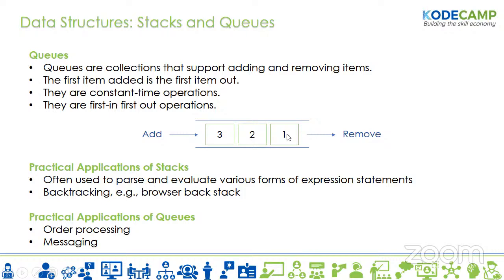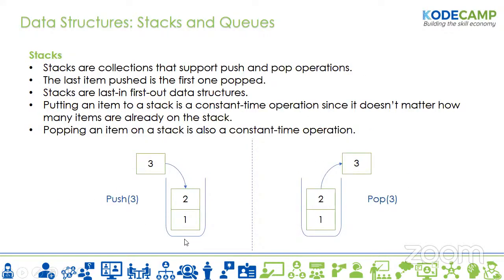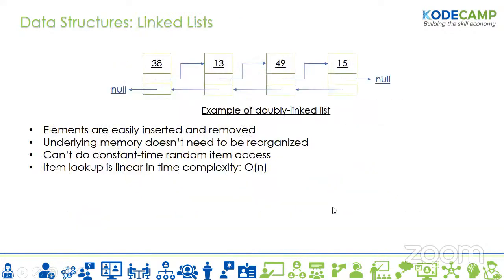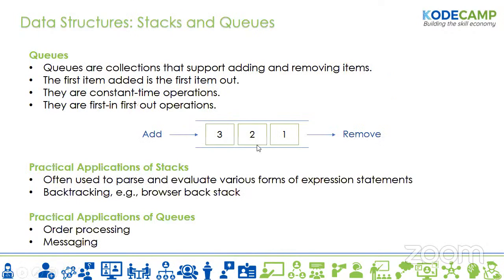Getting something out of it, you can access what is at the end. In this case, you cannot access the first element here until you have taken all of this out. If you want to pop everything, you can't get to one until you pop everything out. And the same goes for this. If you want to access the last, you have to remove everything from the queue until you get to the last item.